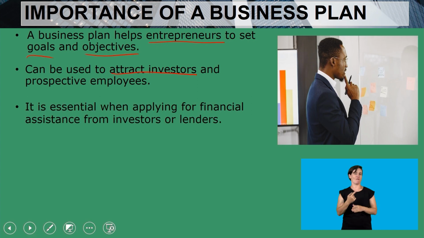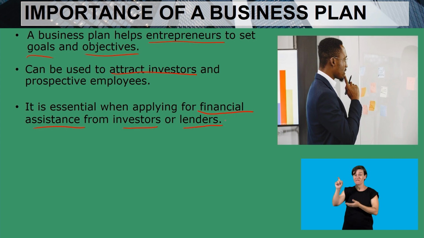It is essential when you're applying for financial assistance from either investors or lenders. With lenders, we can be talking about financial institutions, maybe banks. In order for a person to take you seriously, they want to see your business plan. Do you have it?